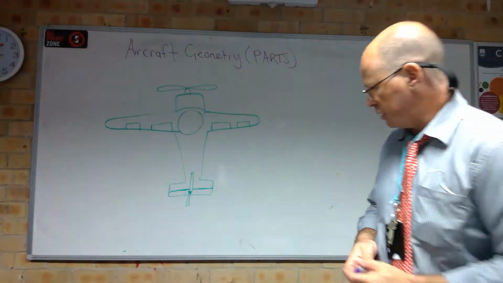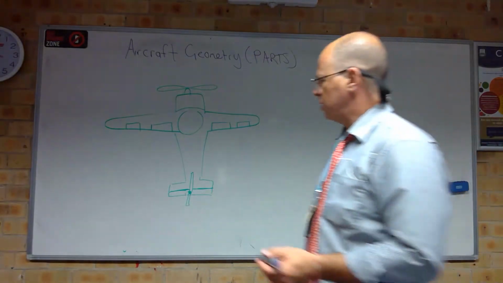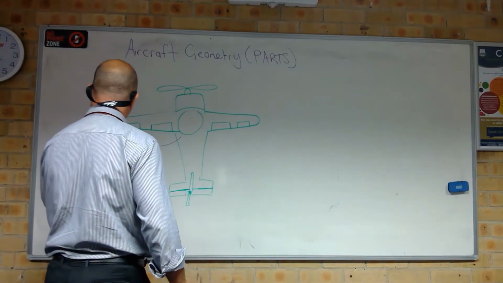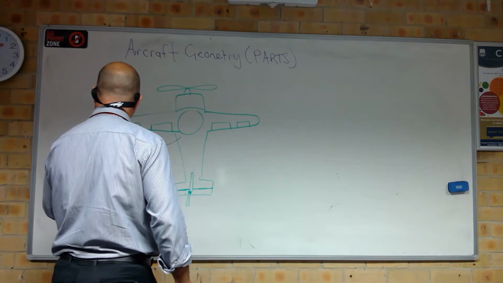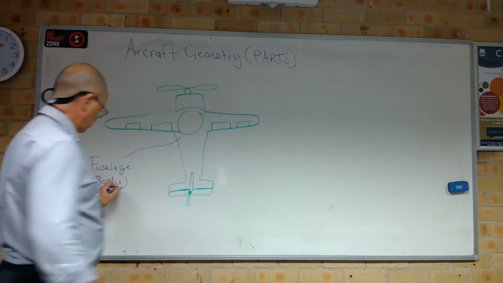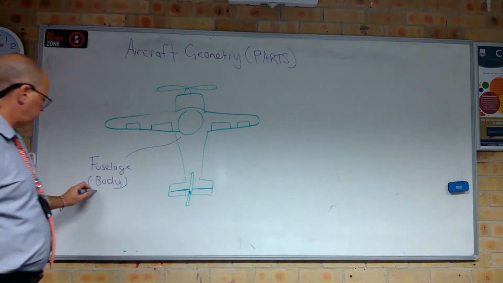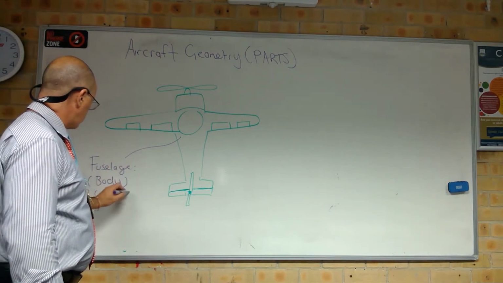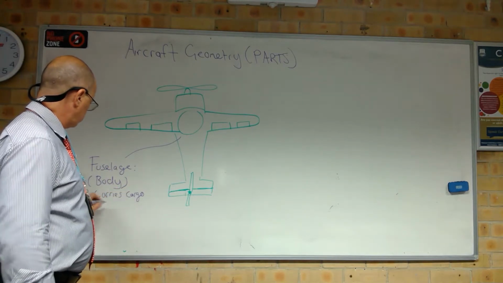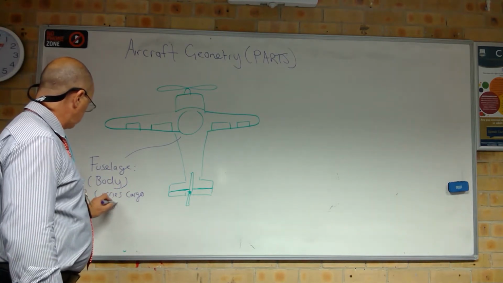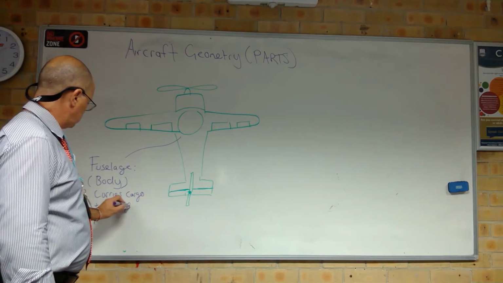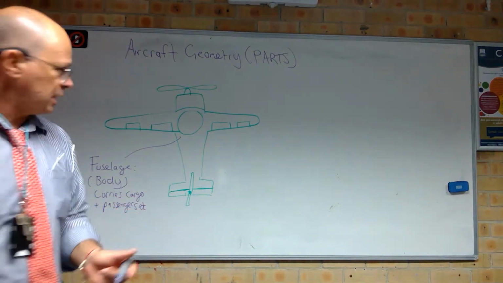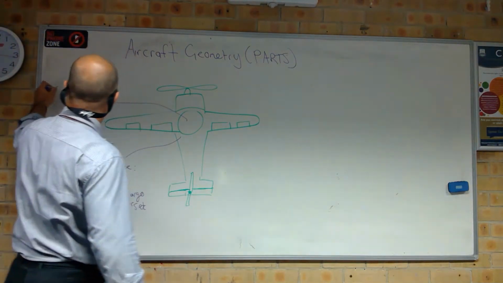Some of these parts you'll obviously know, okay? So fuselage is basically the main body of the aircraft, okay? You know, carries cargo plus passengers, etc. Okay, main body.